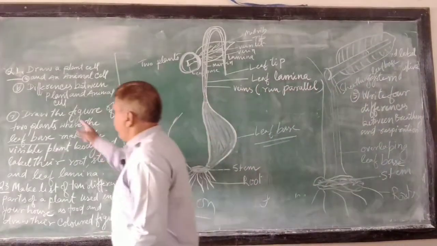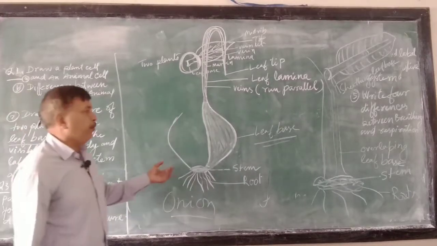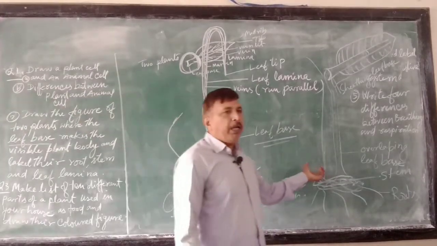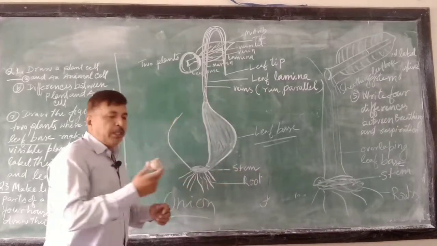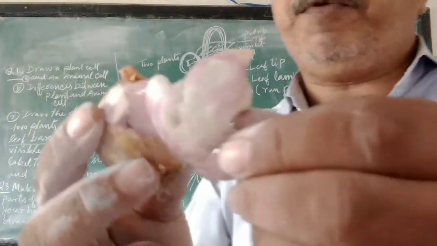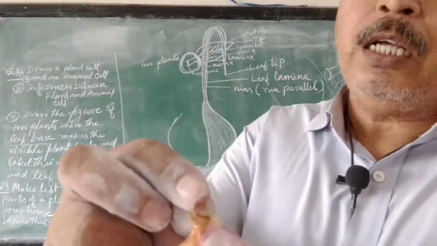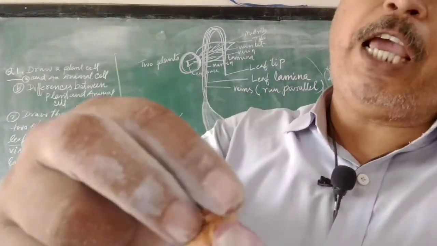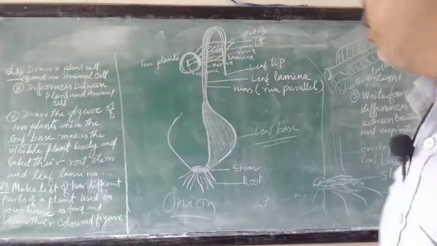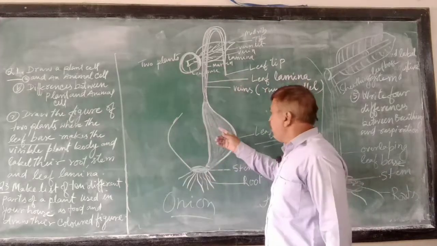So the second question is, you have to draw the figure of two plants, very common, I have given you the hint, onion and the banana, right. As you see in case of onion, if I go on taking out this type of leaves, below this also leaf, below this again, these are the leaf bases, and the lamina develops above this portion, clear, as you see in this figure, clear.